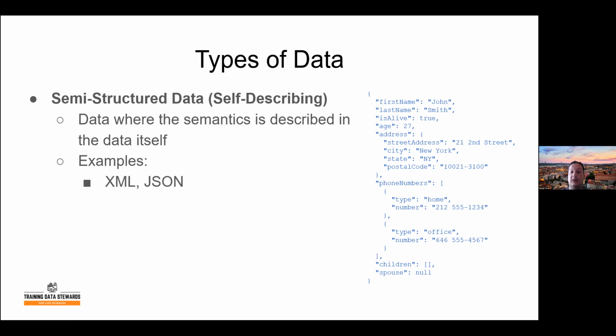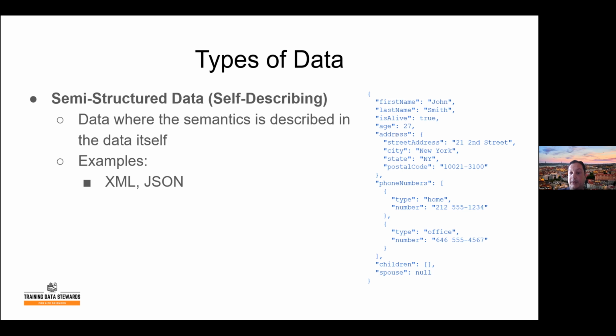So there is a list of elements that is contained inside these curly brackets, and then you have key value pairs for each element, and sometimes you have lists of key value pairs inside some of the attributes, and you can have nested attributes.